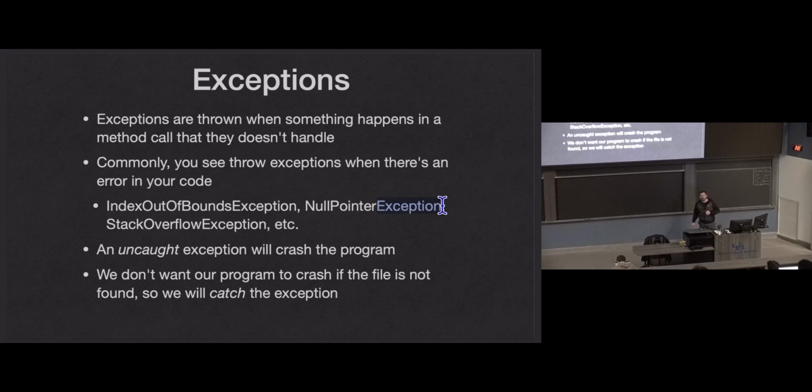It's an error, not an exception, which means there's nothing we can do about it. If we run out of stack, that's a stack overflow error. If the stack is overflown, there's nothing we can do about it regardless. That's just going to crash the program anyway. We can't catch it. Null pointer exception we can catch. Null pointer exception, you've seen these things before, and usually they're uncaught, these ones that are on screen anyway.